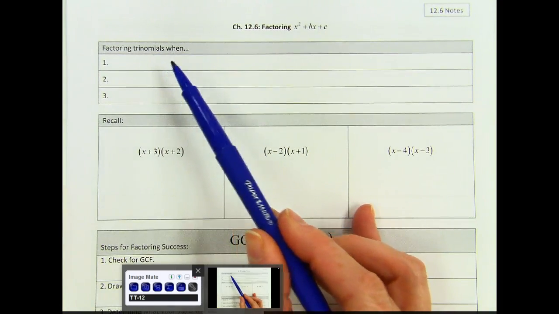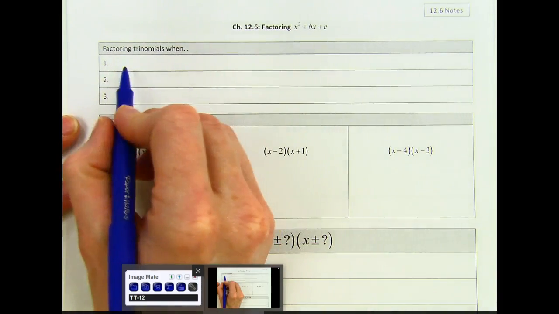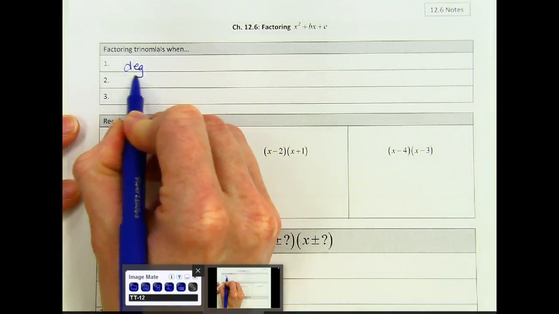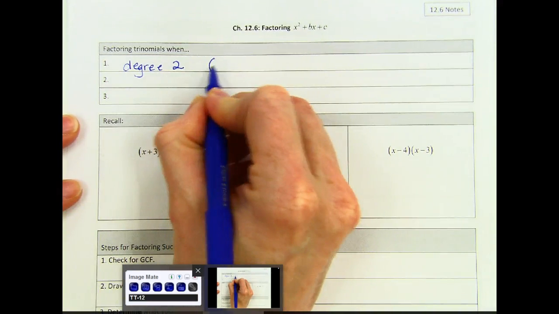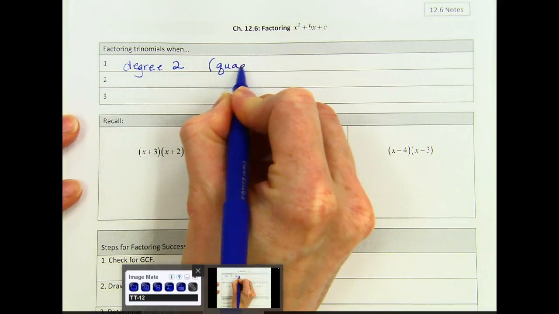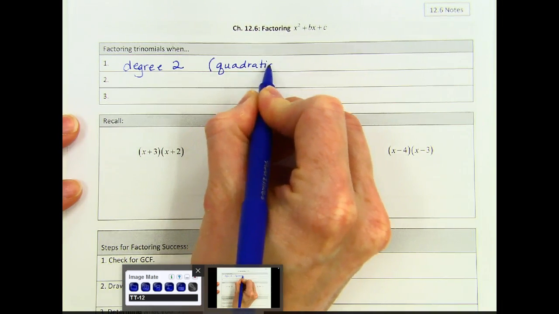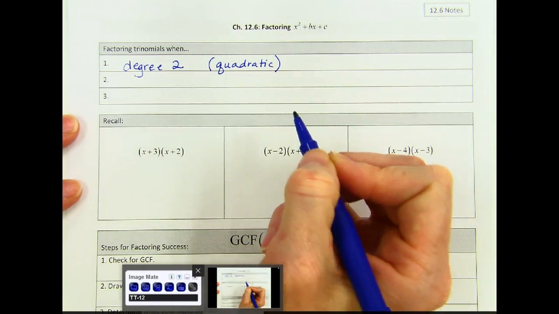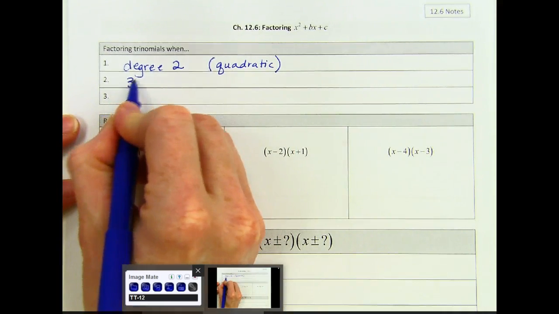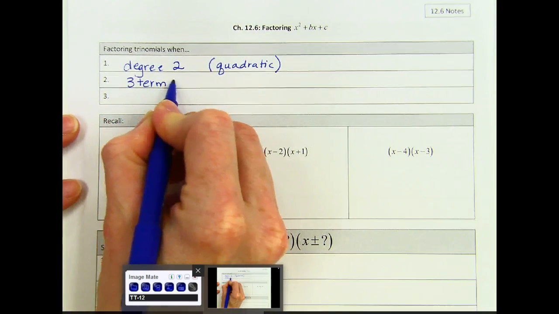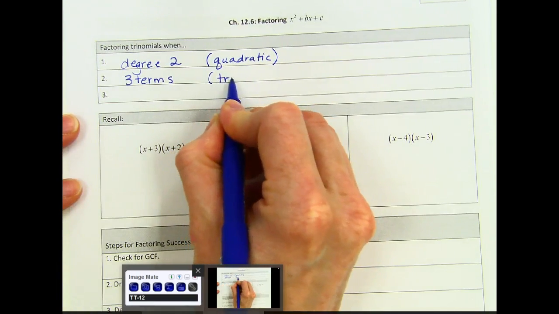Factoring trinomials when? Well, the first thing we're going to have is it's going to be a degree 2 polynomial. Now, if it's a degree 2, that implies that it is a quadratic equation. The next thing is it's going to have 3 terms. And you all know if it has 3 terms, that is called a trinomial.